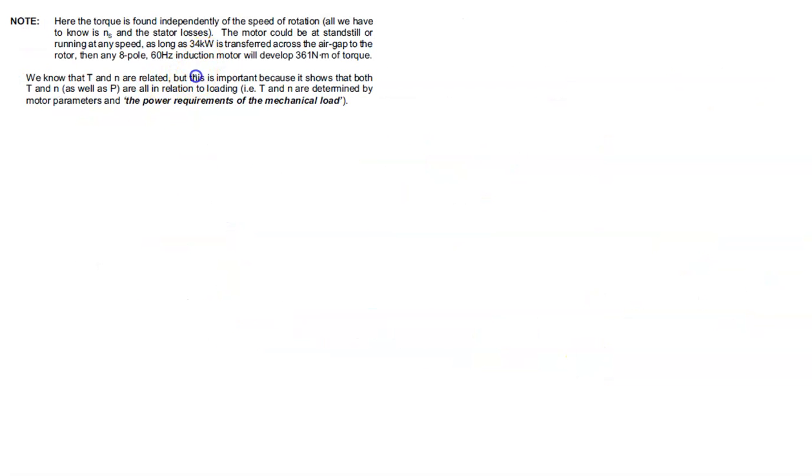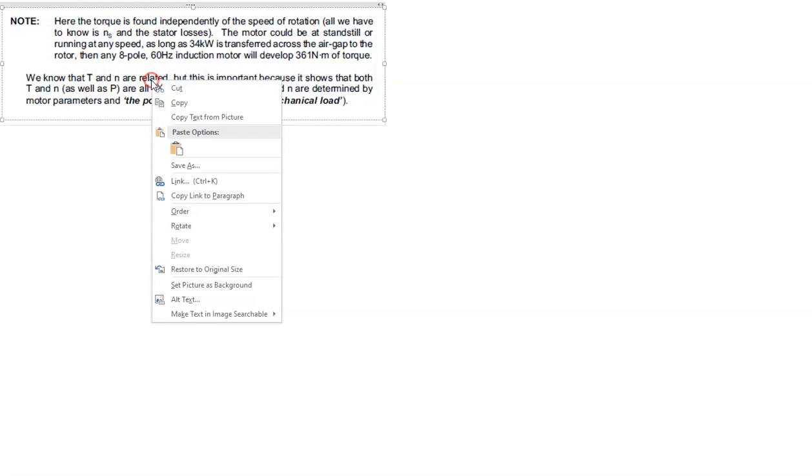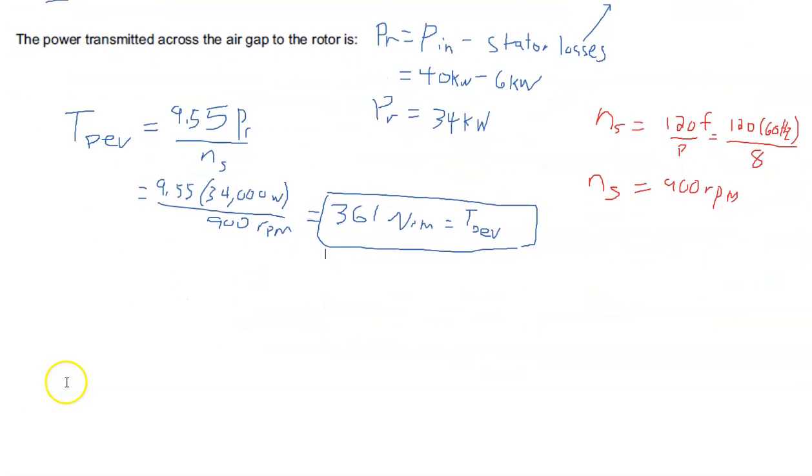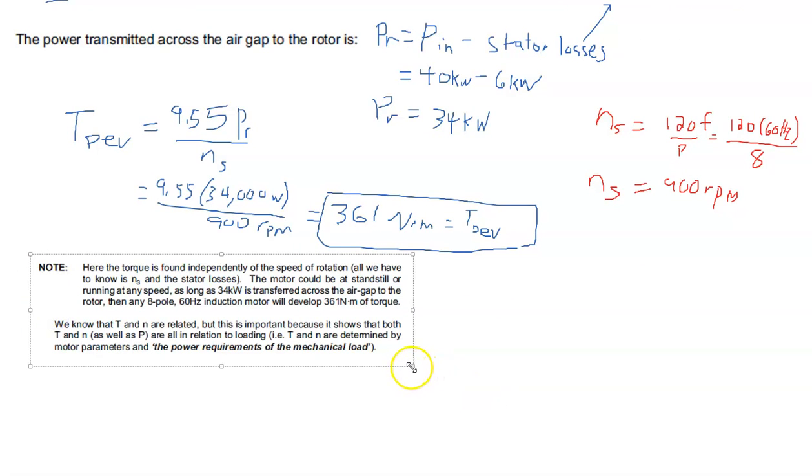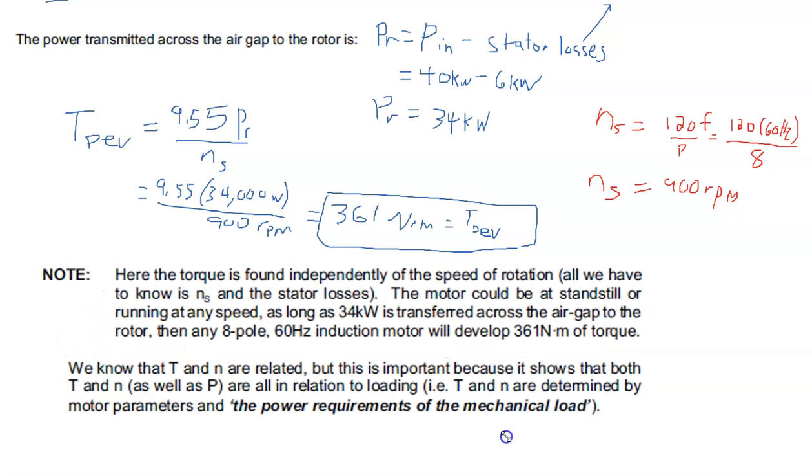It's pretty common for us to be able to find the torque without needing to know the running speed. And what's the reason for that? Well, even though torque and speed are related to each other, we don't necessarily believe they're dependent on each other.